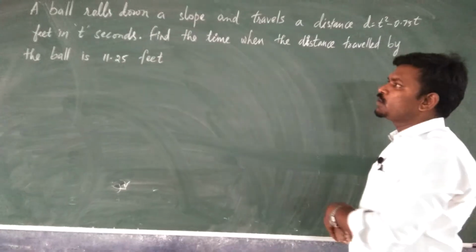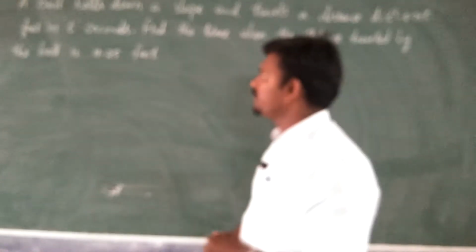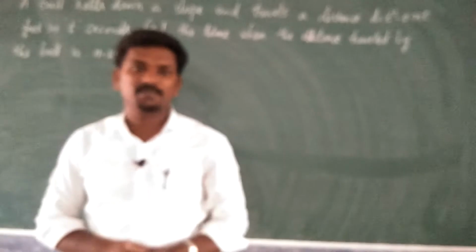So here the question: a ball rolls down a slope and travels a distance d equal to t square minus 0.75 t feet in t seconds.